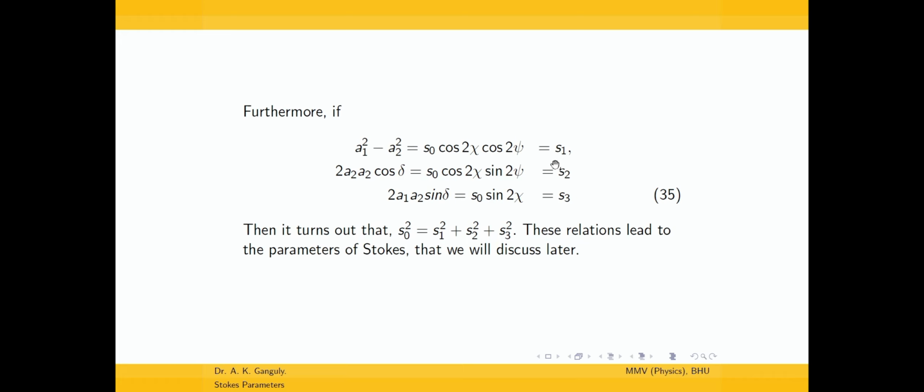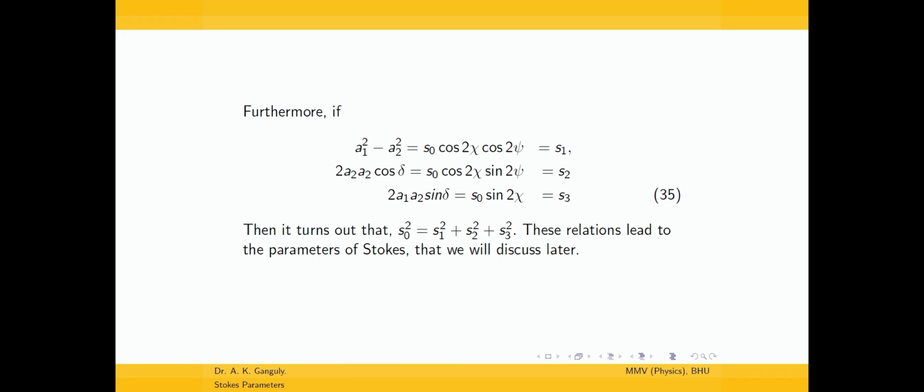I have termed them as S2 and S3, where this ellipticity angle and the polarization angle enter, and this quantity S0, its square is related to the square of all the three.